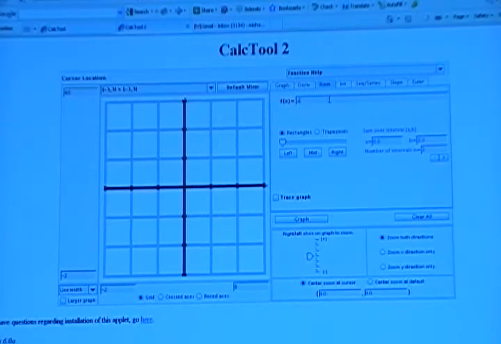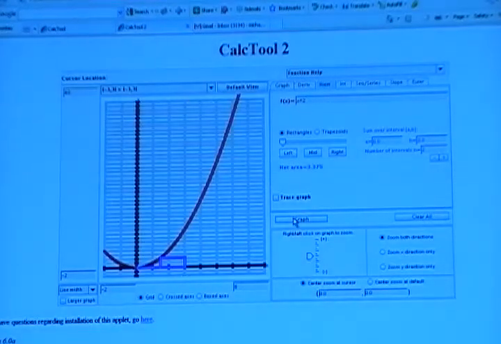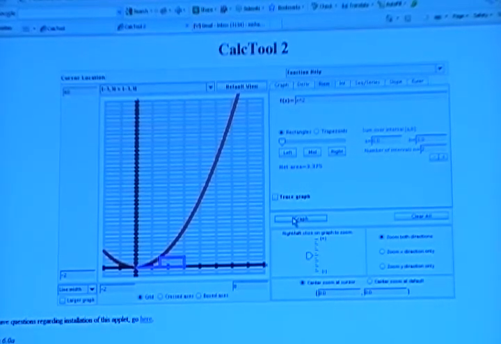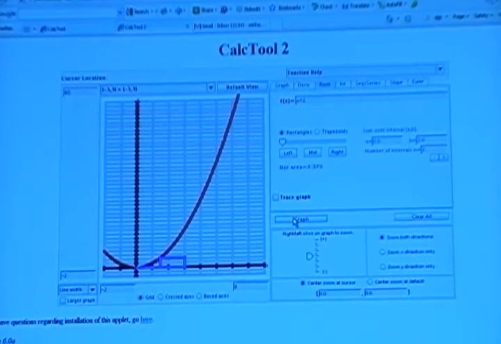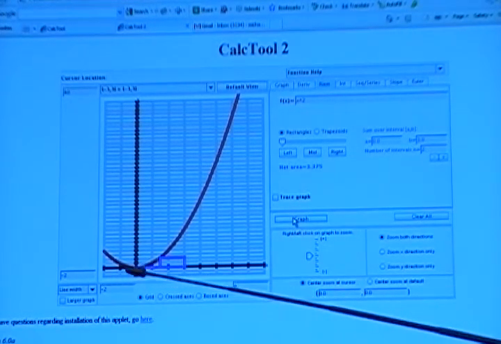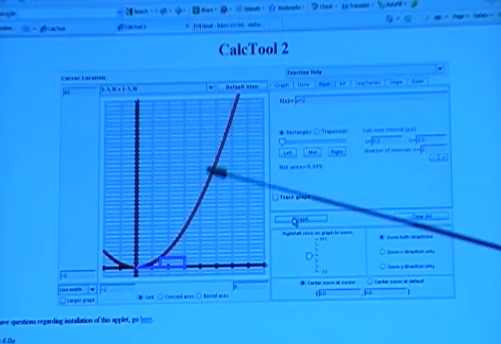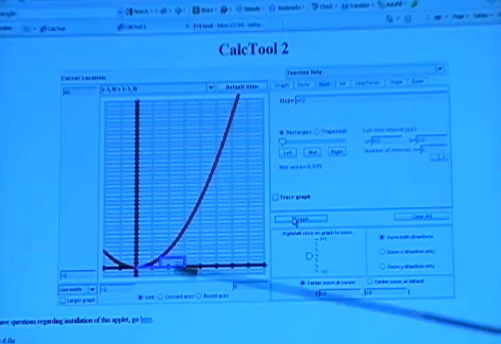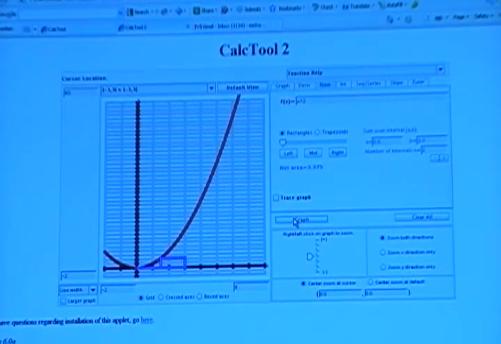Now we enter f of x equals x squared, and hit the graph button, and we can see that, as we expected, x squared is a parabola. The red curve designates the function, and the blue rectangles are the area estimates that are going into the Riemann sum.